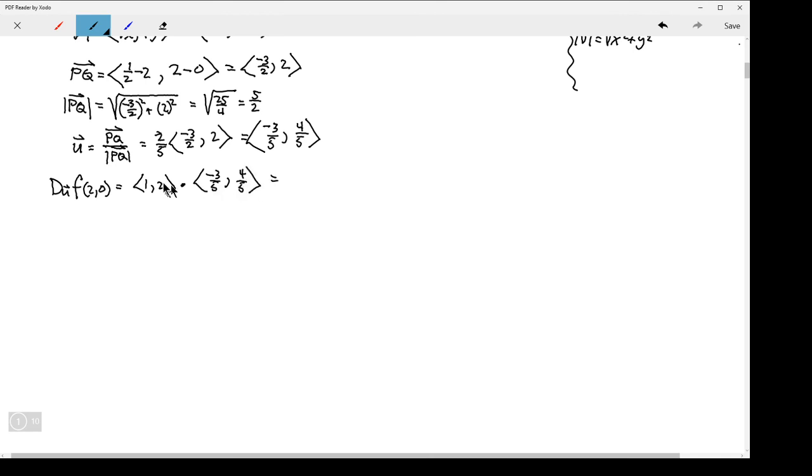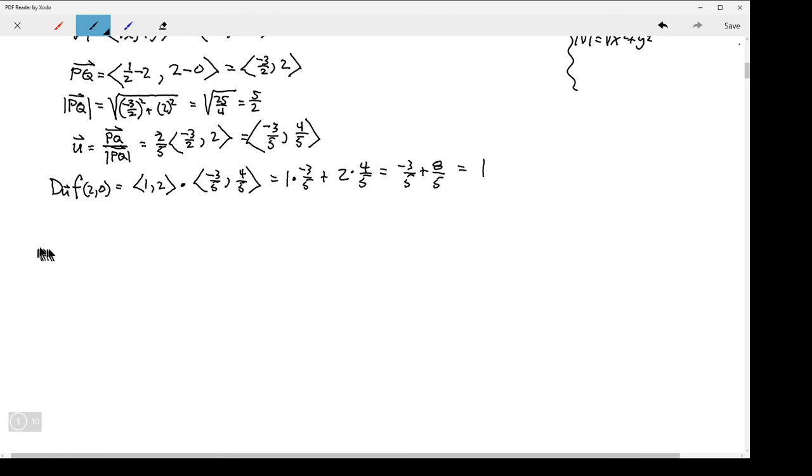Remember how to do the dot product: multiply the coordinates and add. So 1 times negative 3/5 plus 2 times 4/5. This is negative 3/5 plus 8/5, which is 5/5, so that's 1. There is my directional derivative at that point.